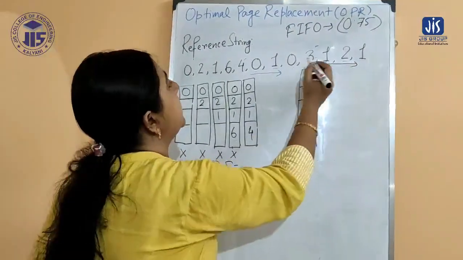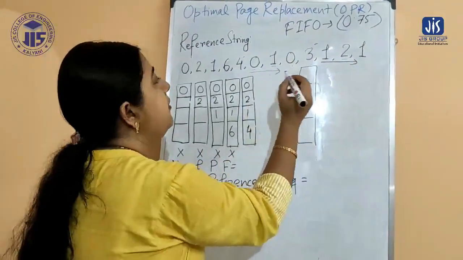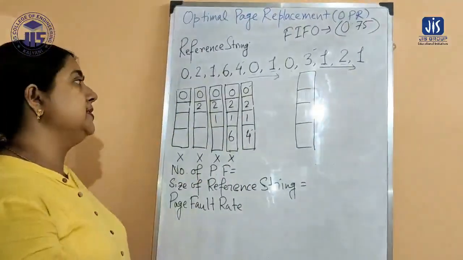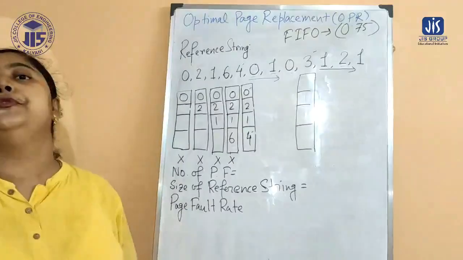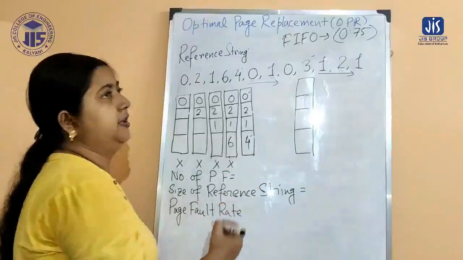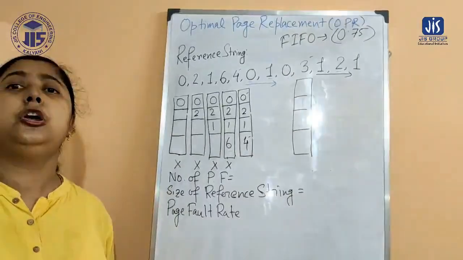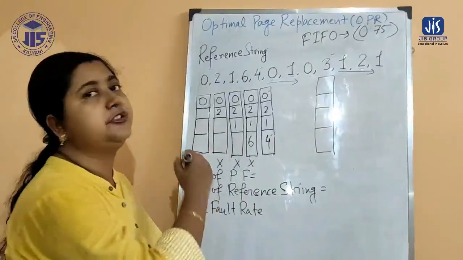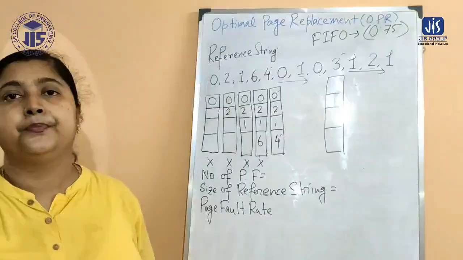Then I am going to use 2. Now you can see these 0 and 4, both of the references are not going to be used in future. So now between 0 and 4 there is a tie, because neither of them is going to be used in future. Now which reference is going to be replaced?